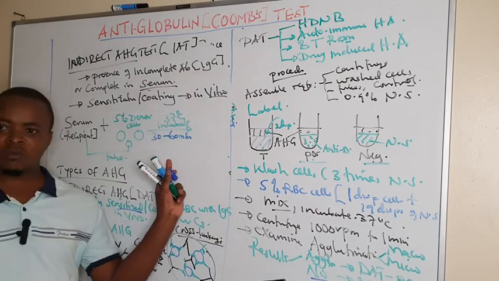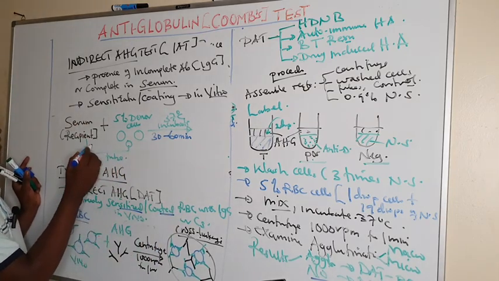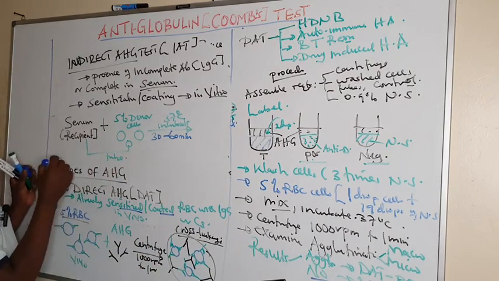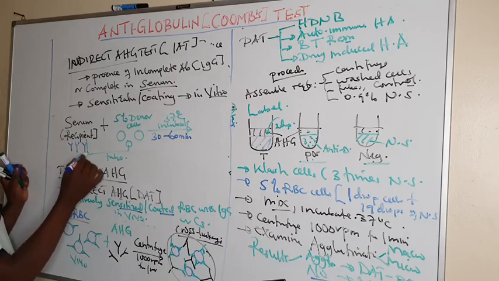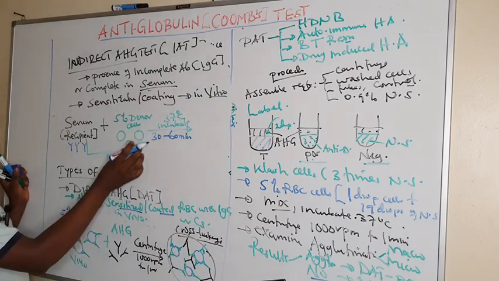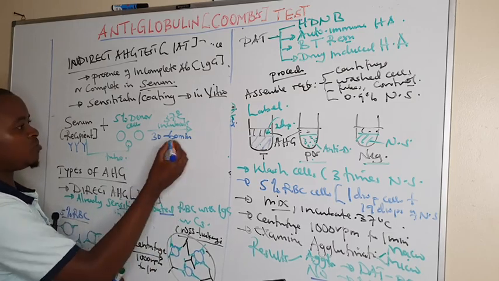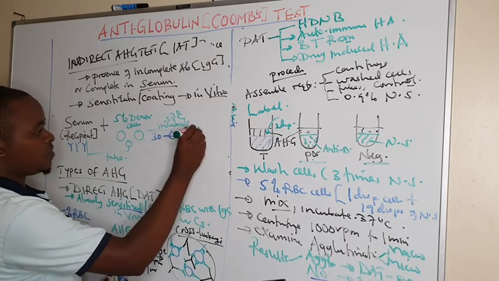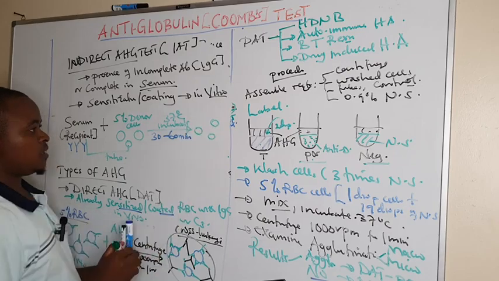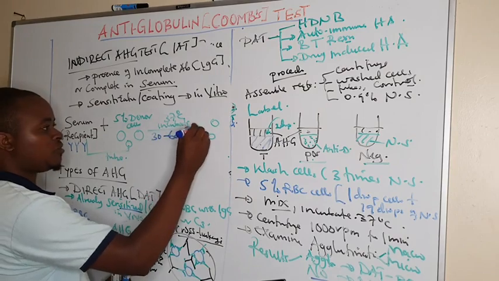This is the incubation. Why are we incubating? We are allowing, in case the serum of the patient contains incomplete antibodies or complement, sensitization of these cells in the test tube. So we shall have our red cells from the donor, and they are sensitized during incubation.